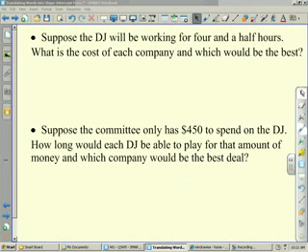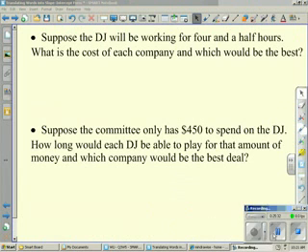How long would each DJ be able to play and which company is the best deal? Hopefully you see a theme here. We're trying to figure out what is going to get us the most bang for our buck. We want to spend the least amount of money but get the most out of it. So I'm going to give you about 10 minutes to work with your group and come up with the answers to these, and then we will check them over.